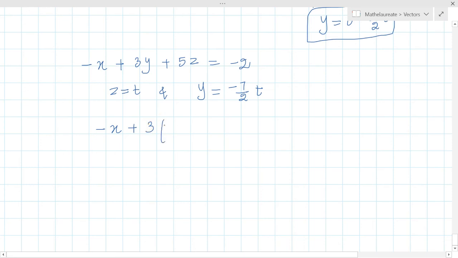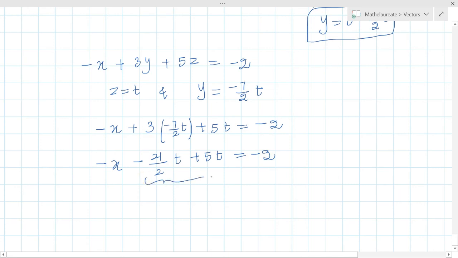3 times minus 7 by 2t plus 5 times t equal to minus 2. So you get minus x minus 21 by 2t plus 5t equal to minus 2. If you simplify these two t terms, we'll get minus x.